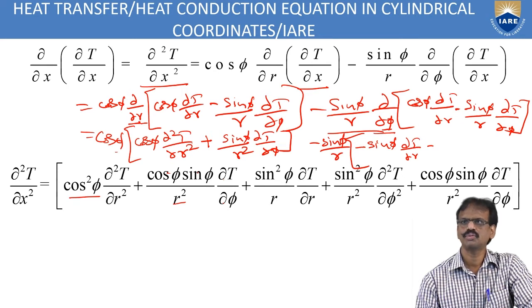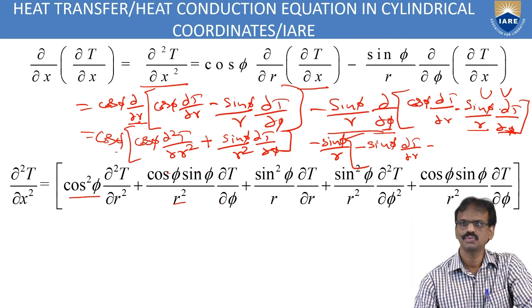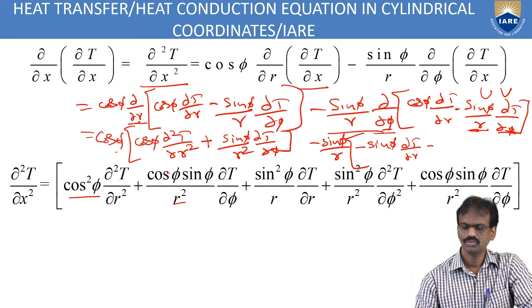With respect to φ, sin φ, so here two terms are there, one is u and one is v. Just apply the uv formula: uv means u'v plus v'u. So first of all u'v. U'v means sin φ derivative is cos φ, so cos φ by r² into ∂T/∂φ. Okay.